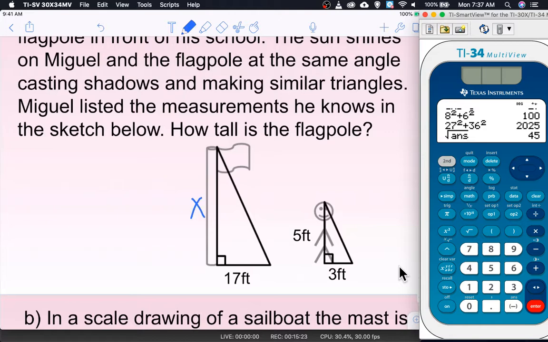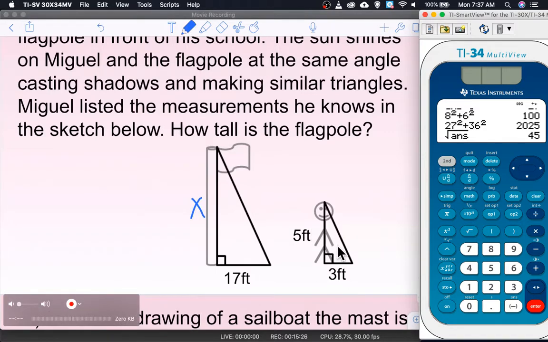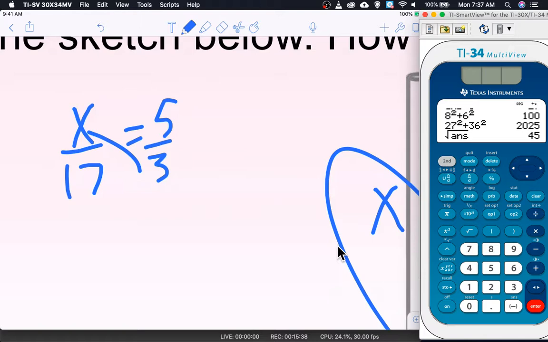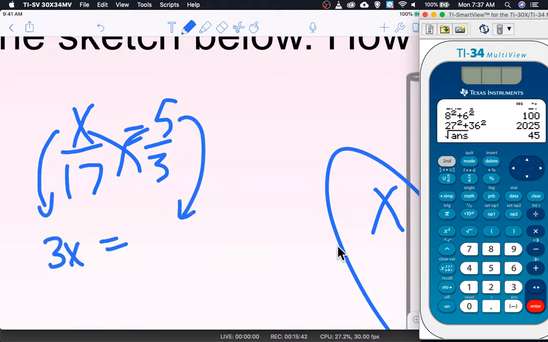Now that we know the process, now that we know that they're similar and we can use a proportion, we're just going to go boom and boom. x over 17 equals 5 over 3, and we cross multiply. So that gives us 3x equals 17 times 5, which is 85.